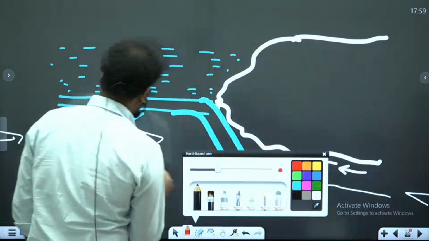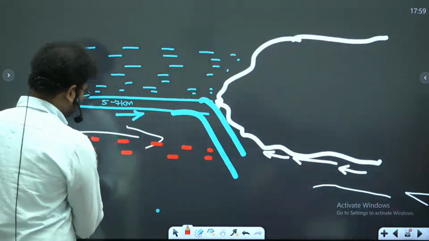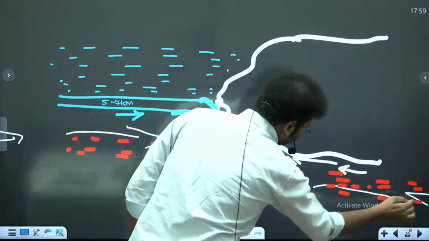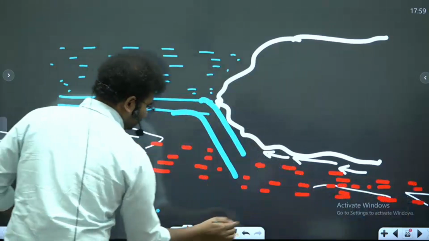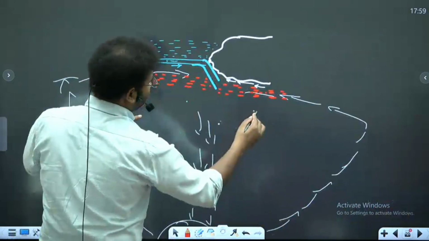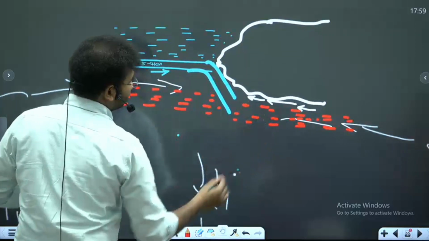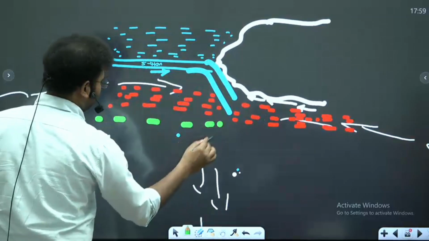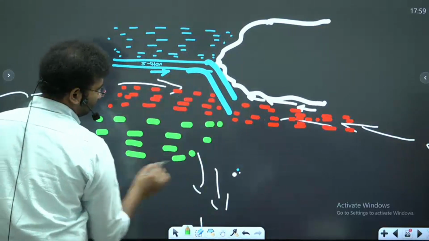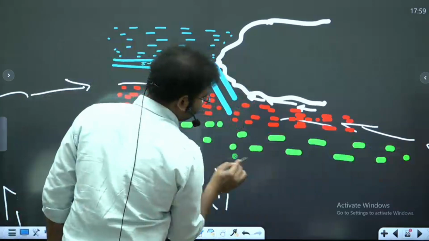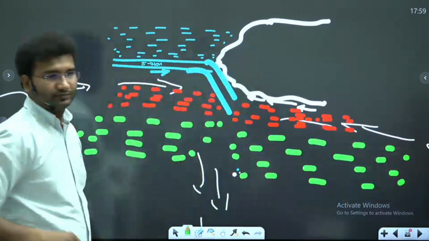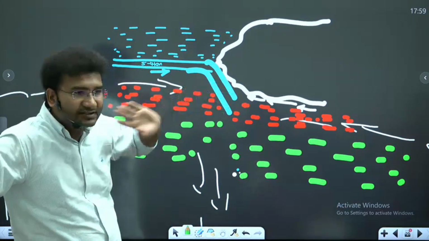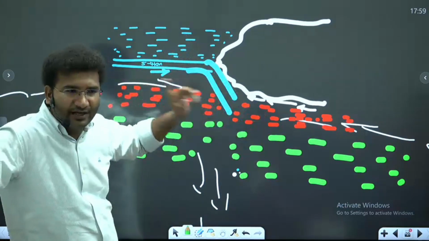Let's consider this is your asthenosphere. And this is your mantle. From here the mantle starts. As soon as there is some kind of melting that is taking place, what is the temperature of the asthenosphere and density of the asthenosphere?